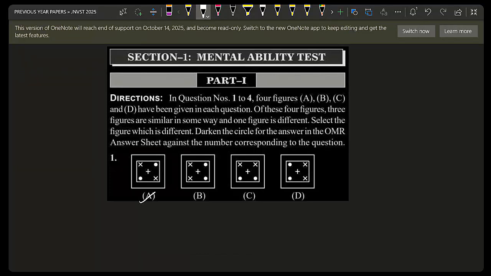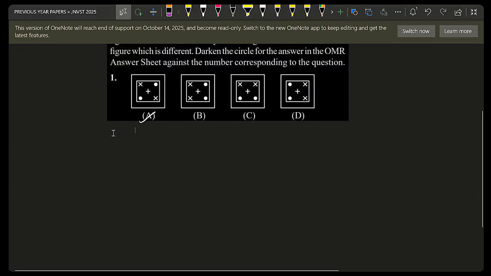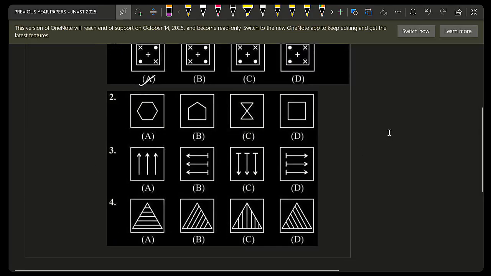Sir, you said we can do it with dots, and can we also use X? Yeah, you can take crosses also. Even if you check crosses, option A will be the correct answer. Now 2, 3, 4.